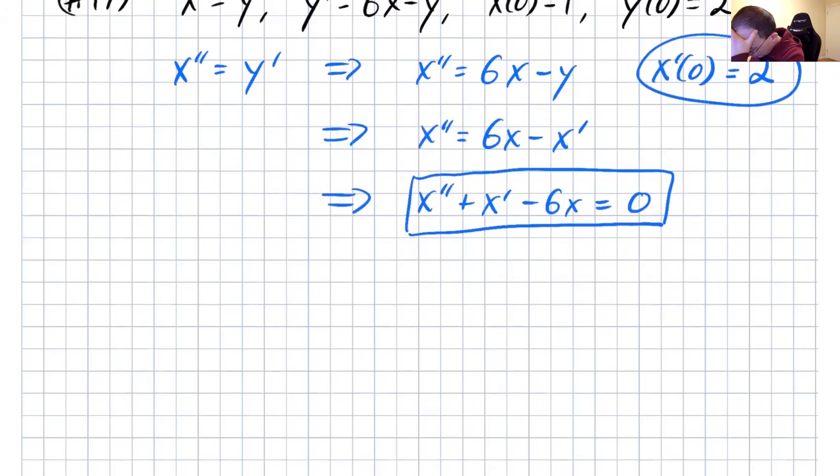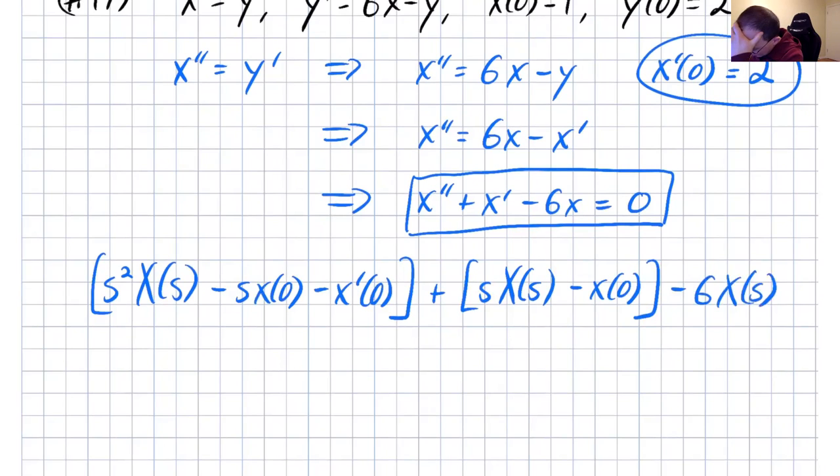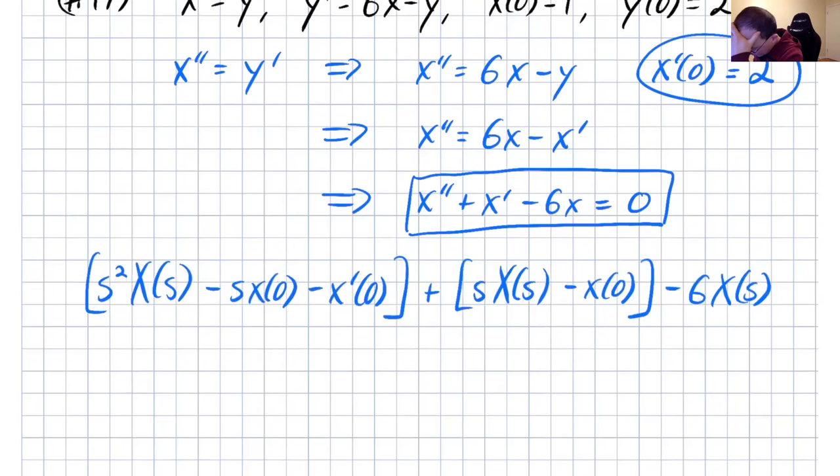Taking the Laplace transform of both sides, we get s squared X of s minus s x of 0 minus x prime of 0, plus s X of s minus x of 0, minus 6 X of s, and that is equal to 0.